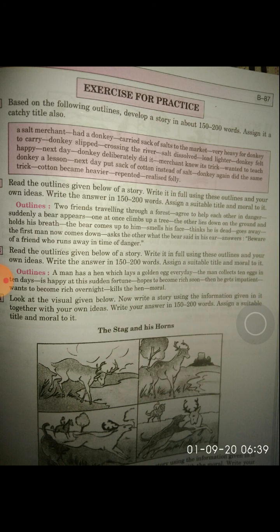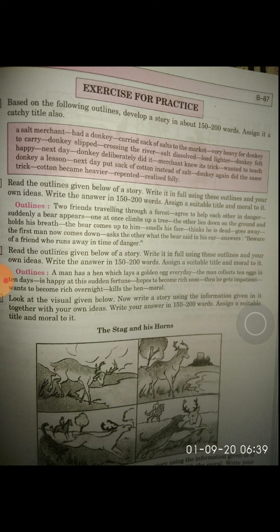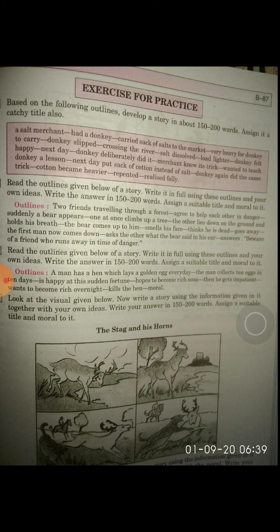You can remember there was a stag and how he saves him from a hunter. So you have to do this homework by yourself.